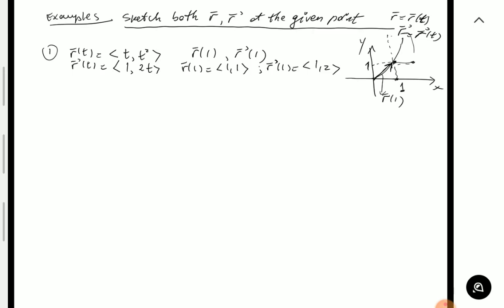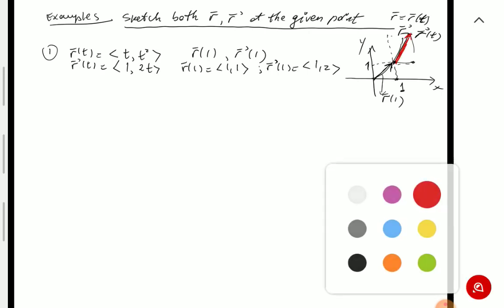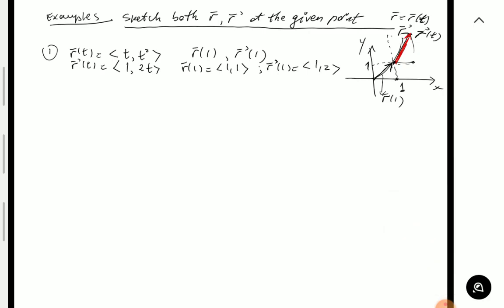So then in the right corner here, that's going to be the terminal point of the tangent vector. Let's do it with the red color so I can emphasize it, right? So then this is like the curve. It's kind of squished there anyway. So that's the tangent vector 1, 2.